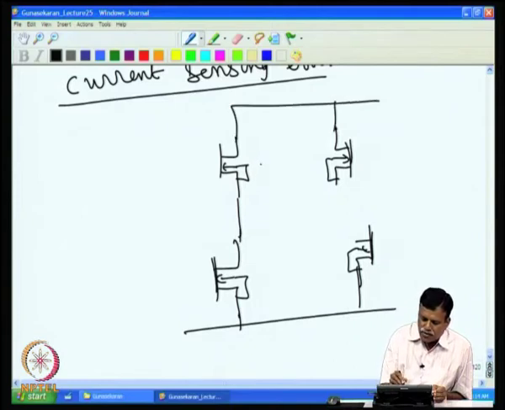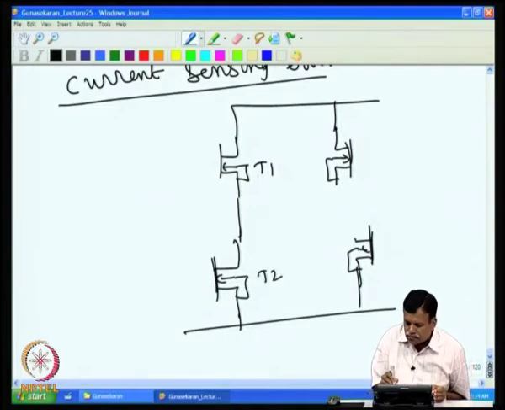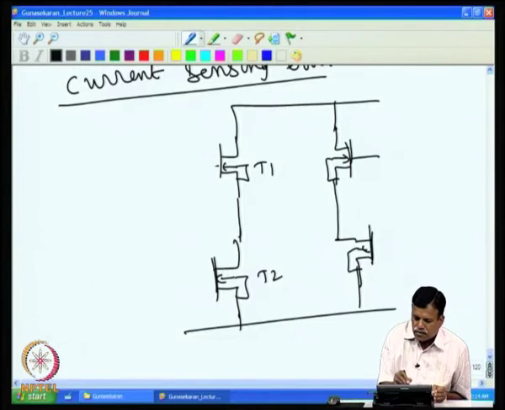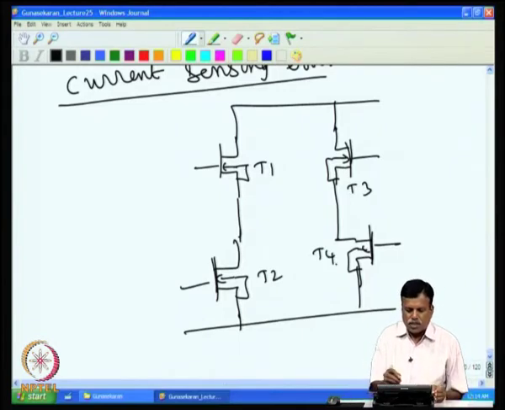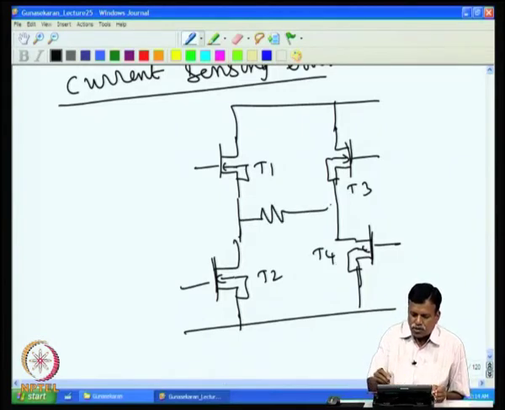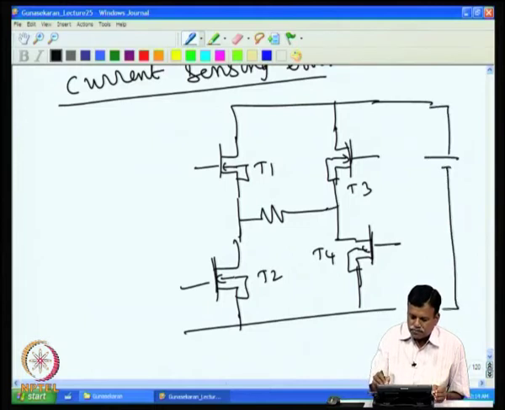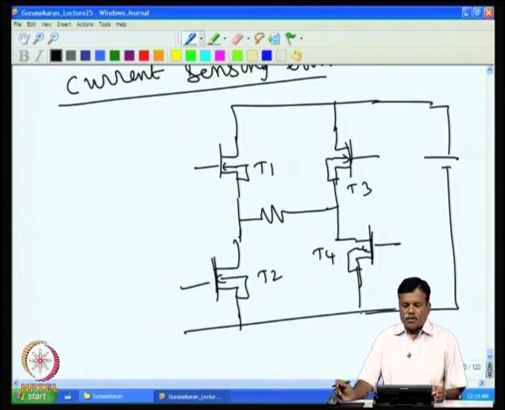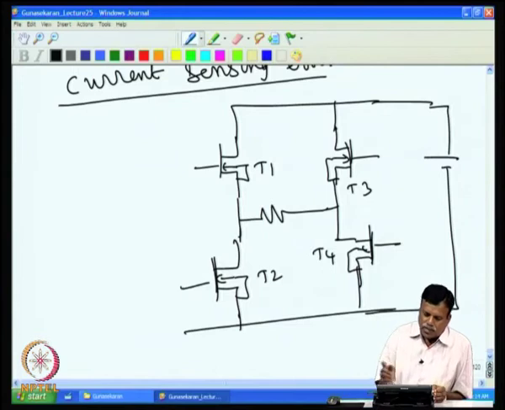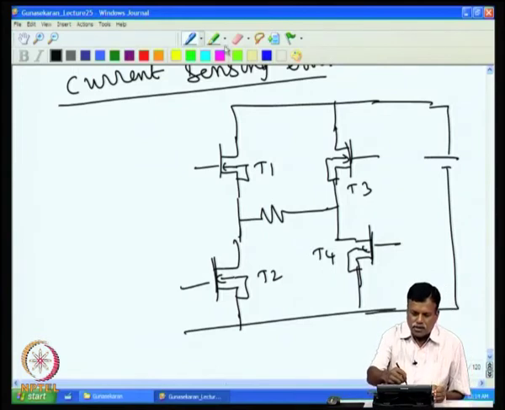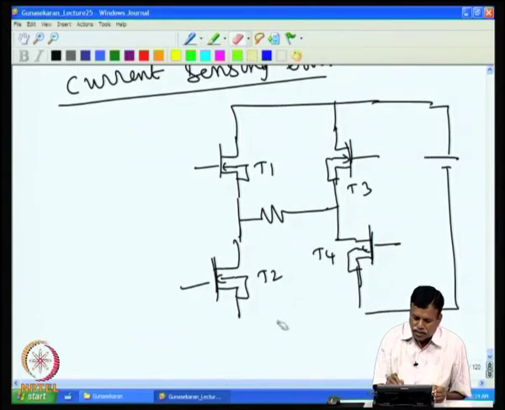We have T1, T2, and then T3 and T4. There are 4 switches and the load is connected here. So, this is the supply here. Now, if you want to provide a short circuit protection, then normally what is done is we will add a resistance. So, I will expand this a little bit in the ground side.